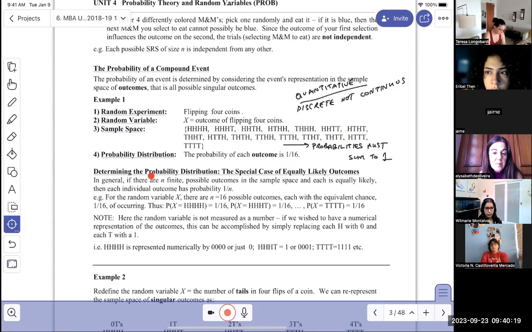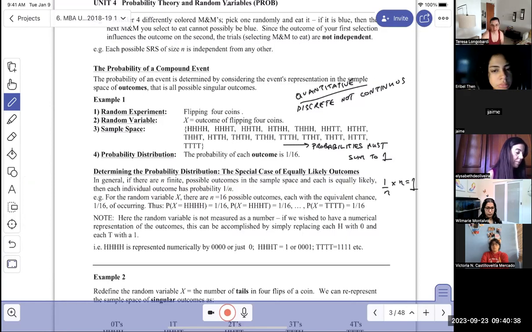And I explained that here. If there are n finite possible outcomes in the sample space and each is equally likely, then each individual outcome has a probability 1 over n, because 1 over n times n is 1, right? Because you're adding all the probabilities up.